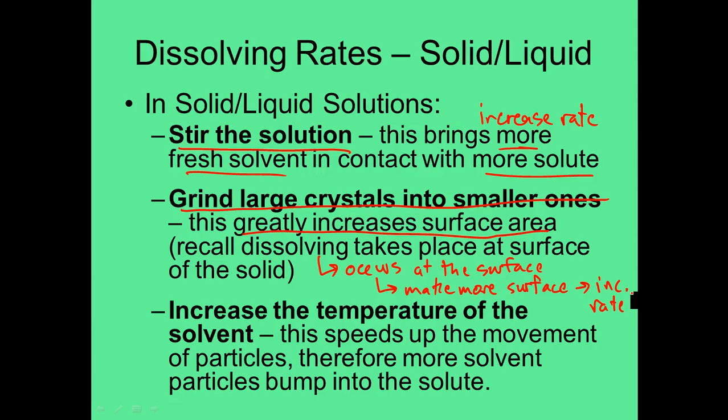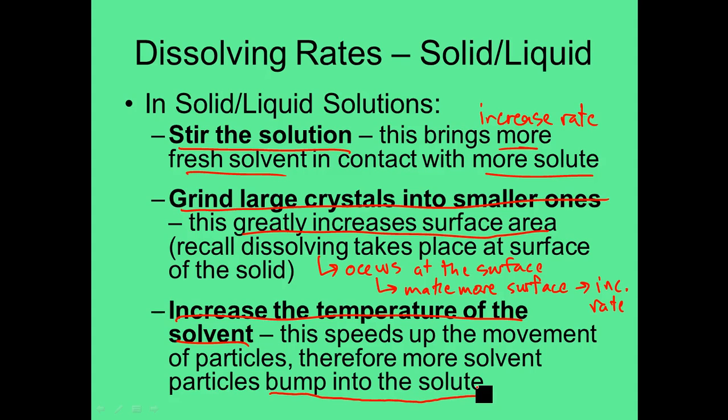So third one, increase the temperature of the solvent. This speeds up the movement of particles, and therefore more solvent particles bump into the solute. You imagine our sugar clump sitting there. If more solvent molecules come in and steal sugar molecules away, if it happens more often, then the sugar is going to dissolve faster.